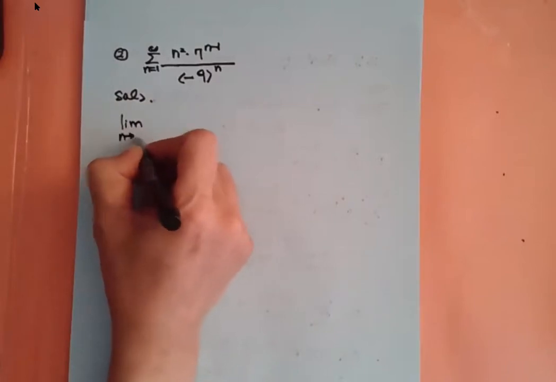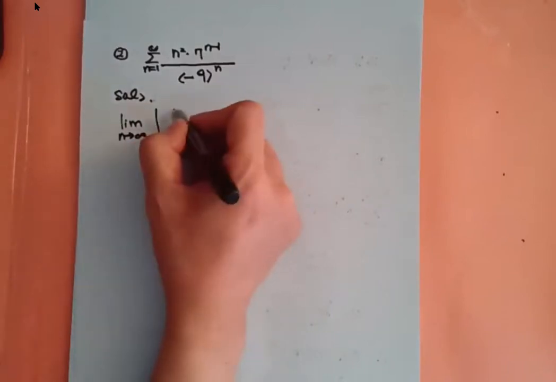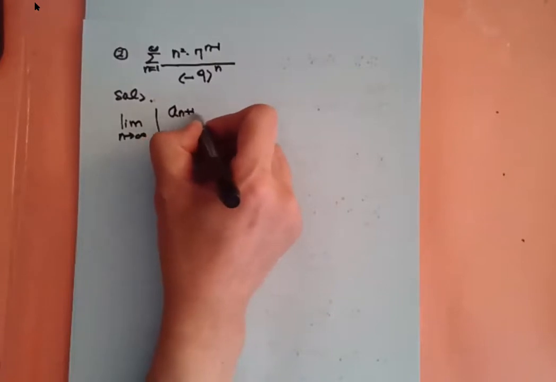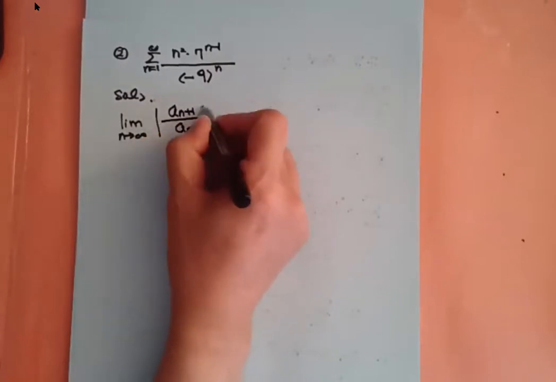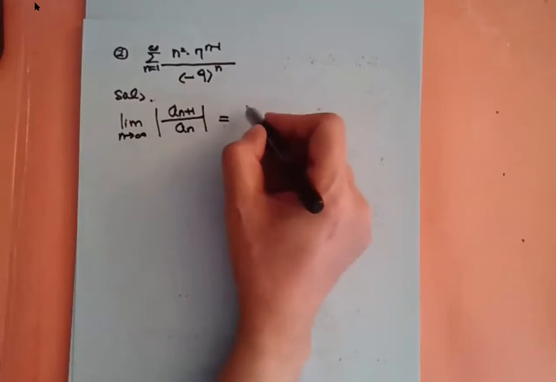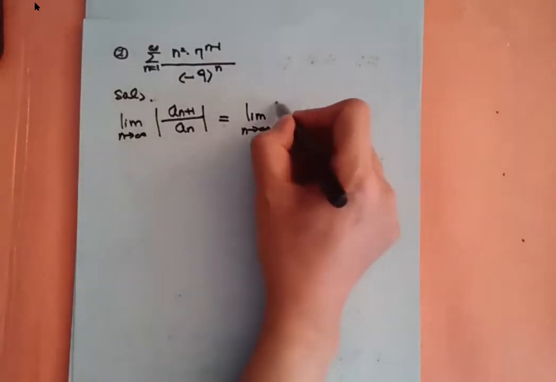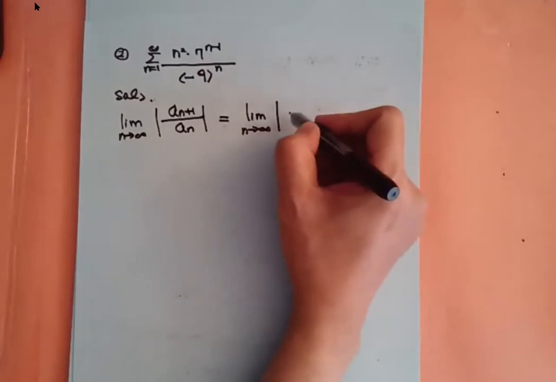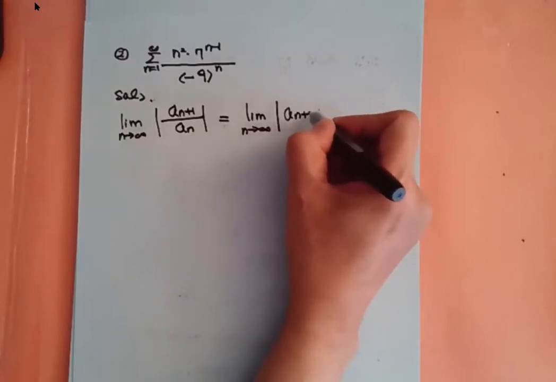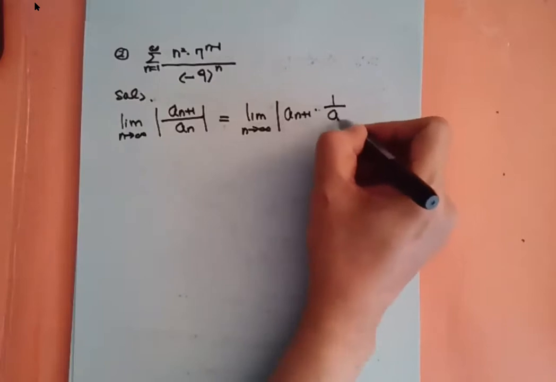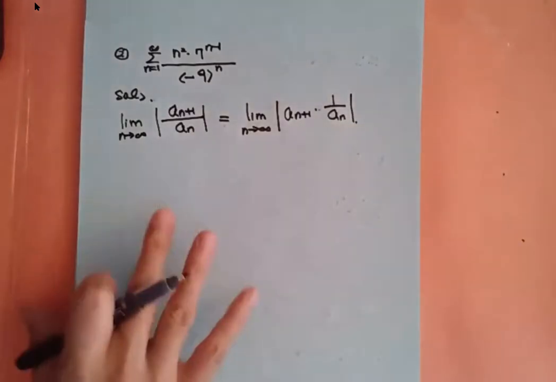Limit as n goes to infinity of the absolute value of a sub n plus 1 over a sub n. And that equals the limit of a sub n plus 1 times 1 over a sub n, right?